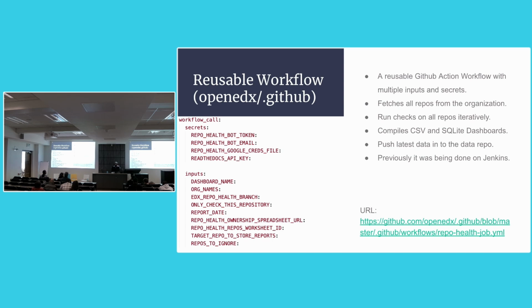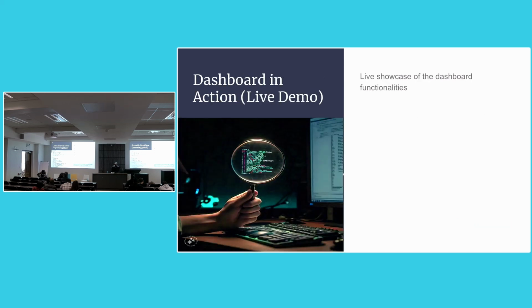This repository will store the YML files and CSVs created by the script. And repos to ignore is also an input. If there are some repos in the organization which are for administration purposes or dummy repos, we can provide a list in the input to ignore those repos.